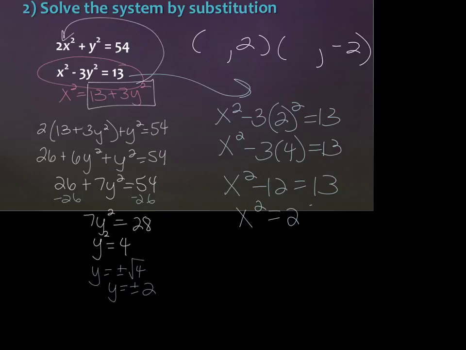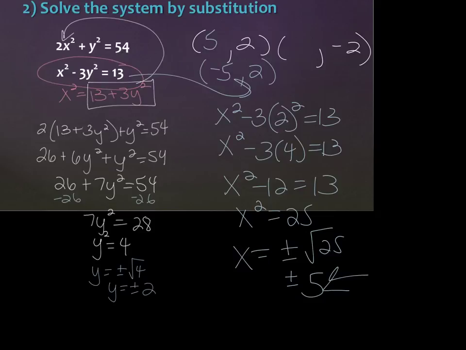Add the 12. And as soon as I get to this point, Ruben, answering your question before, as soon as I see that there's a plus and minus, that means for each y, I have 2 x's. And because there's 2 y's, I'm going to have a total of 4 points. So when y is 2, my answer was positive 5 and negative 5. So there's 2 answers there.